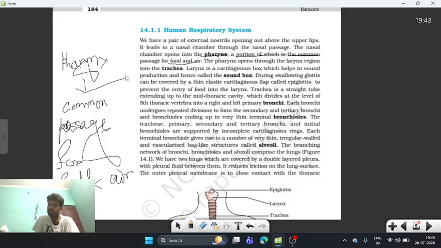Pharynx is a common passage of food and air. It passes food as well as air.